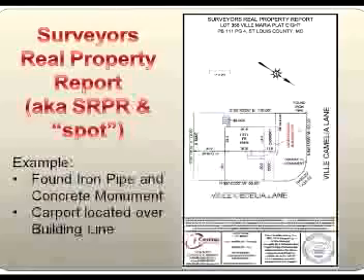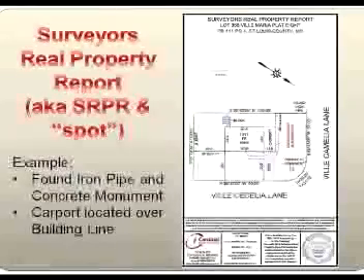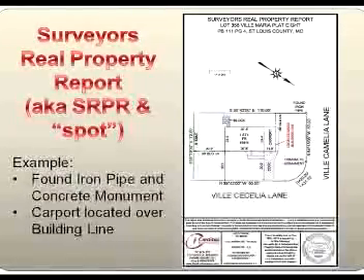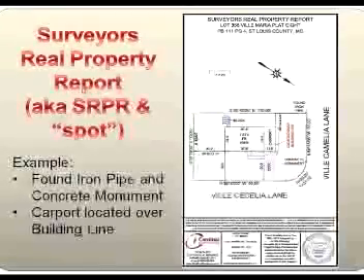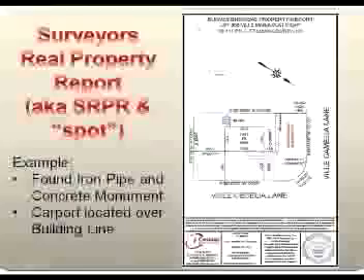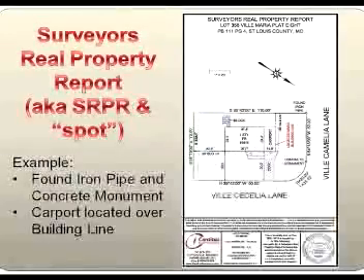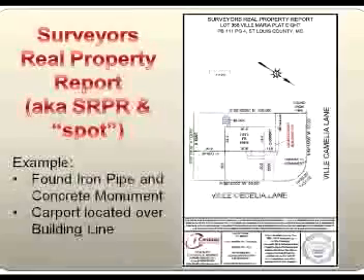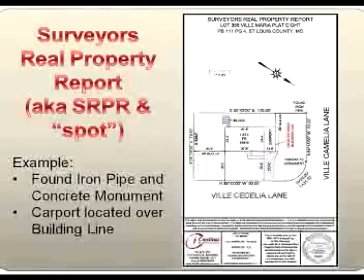So on this particular drawing, you can see that there's a red note on the right-hand side that says the carport is located over the building line. Now this house, the main house itself, sits behind the building line, and it is probably about 60, 65 years old.